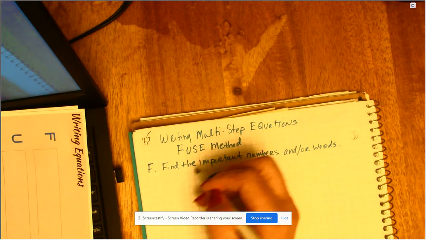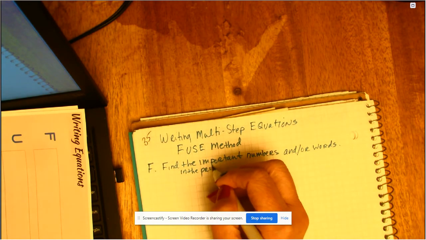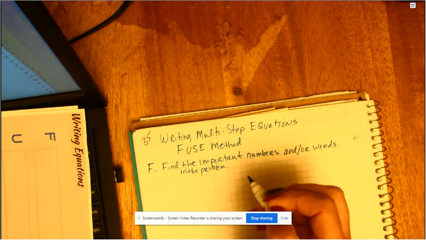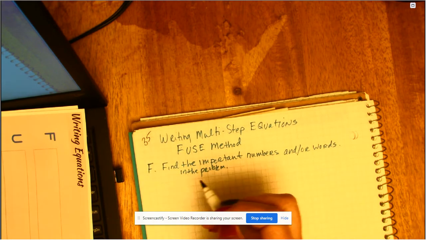So you may want to underline them, highlight them, whatever, circle them. Sometimes I underline numbers and circle things I think are going to lead to symbols. That's really a personal preference.